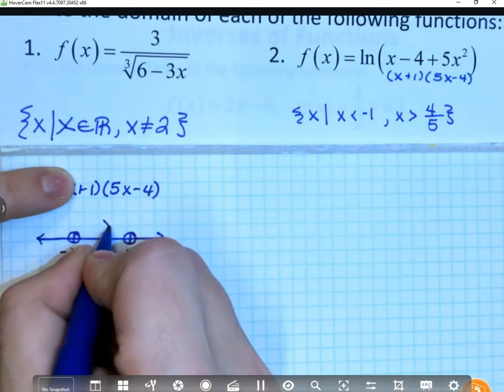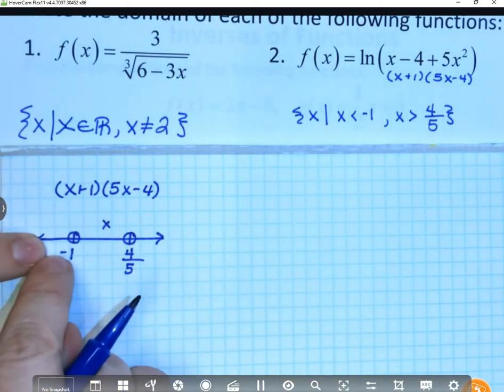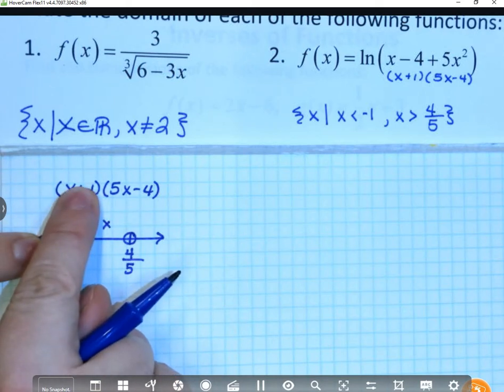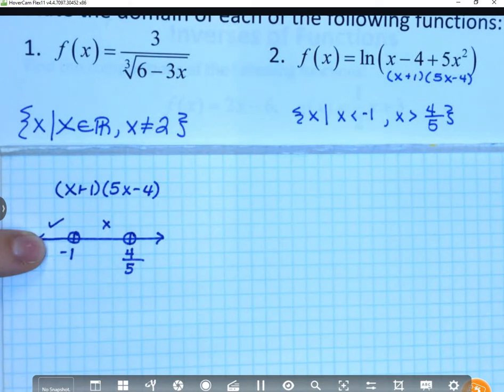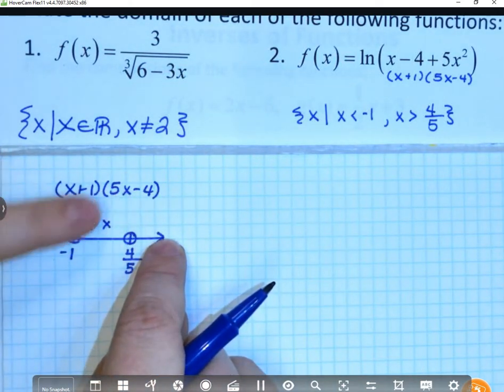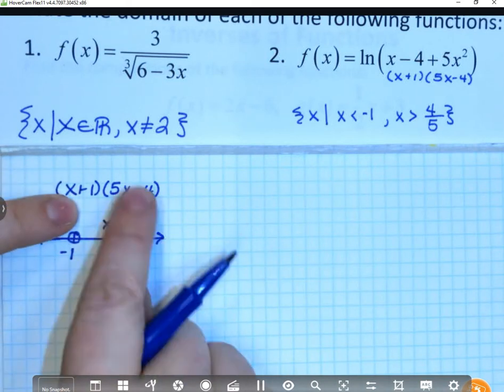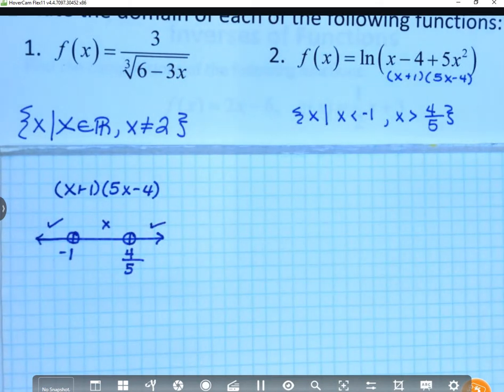That does not work, because that'll give me a negative number. If I plug in a -2, that'll be negative, that'll be negative, which makes it positive, which works. If I plug in a +1, that would work, and that would work, because that'd be positive and a positive. So that's how I get that x is less than -1.